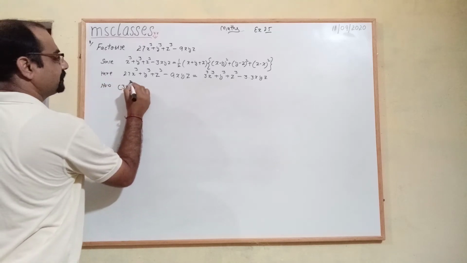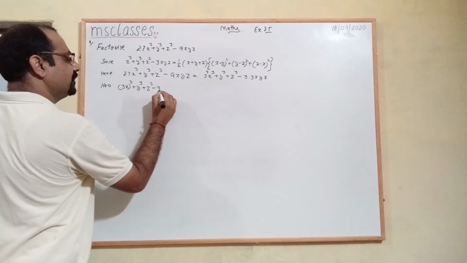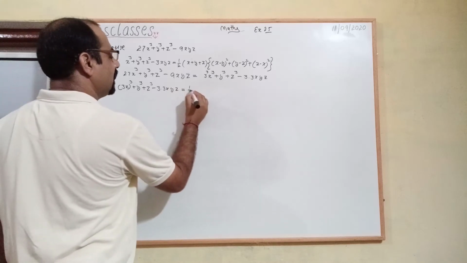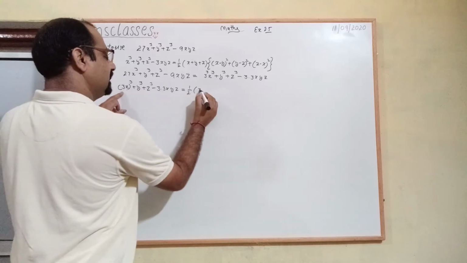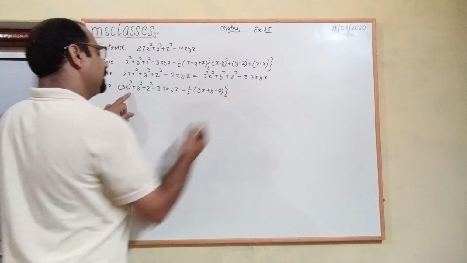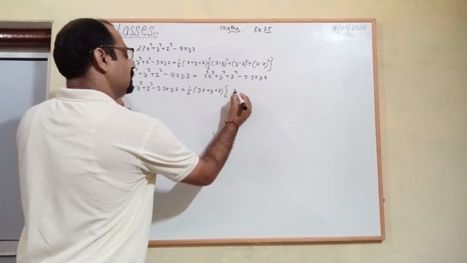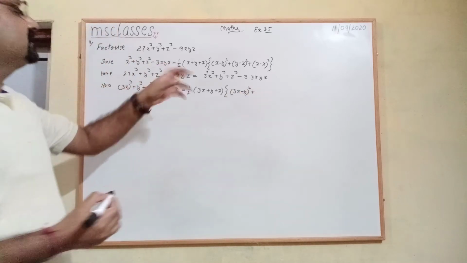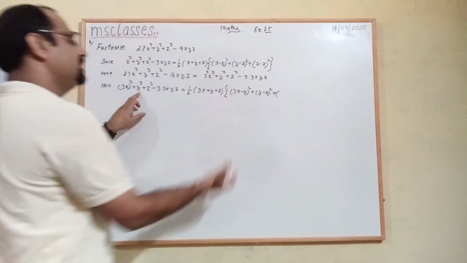3x whole cube plus y cube plus z cube minus 3xyz is equal to half of, addition of these three, 3x plus y plus z into x minus y whole square, meaning 3x minus y whole square, plus y minus z whole square plus z minus x whole square.